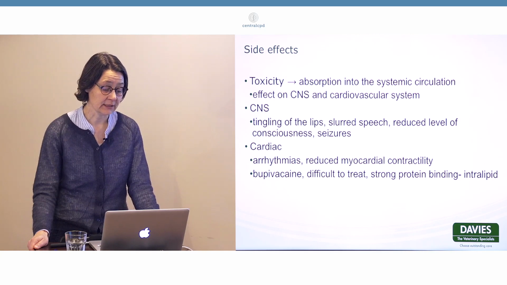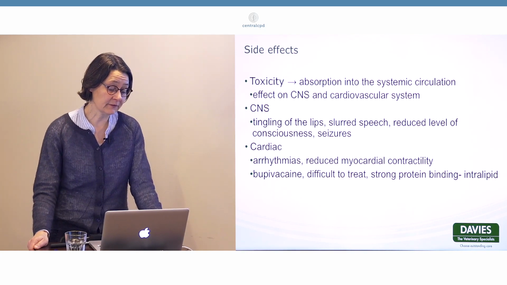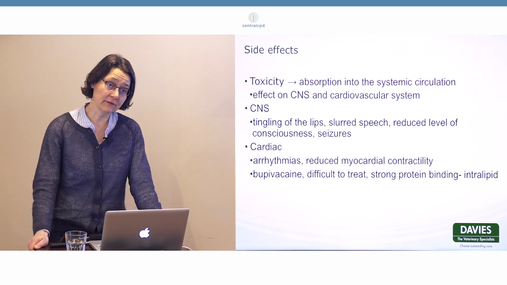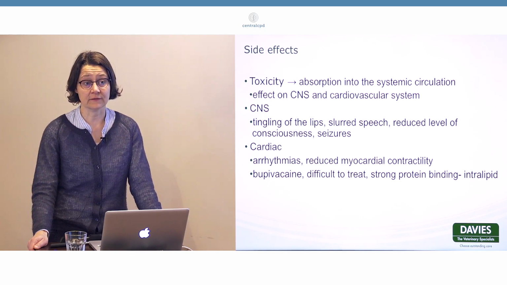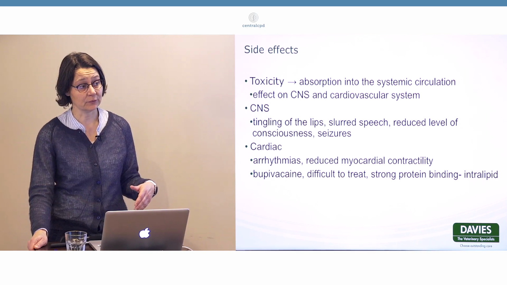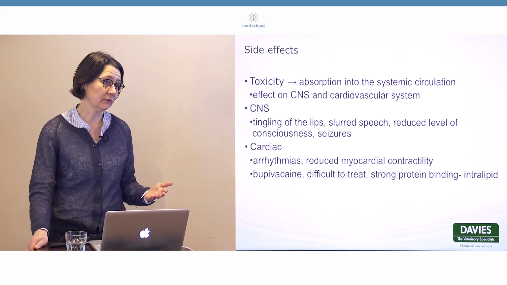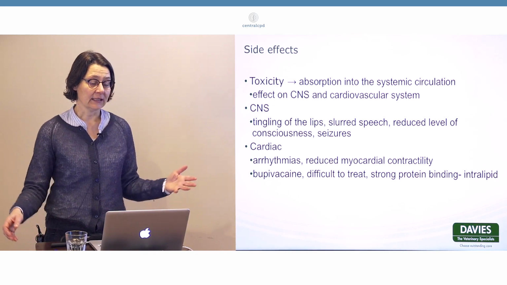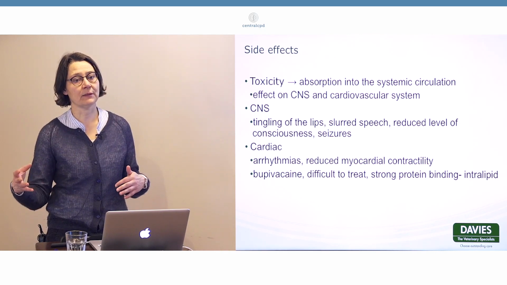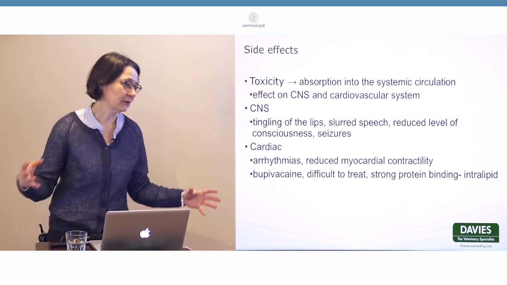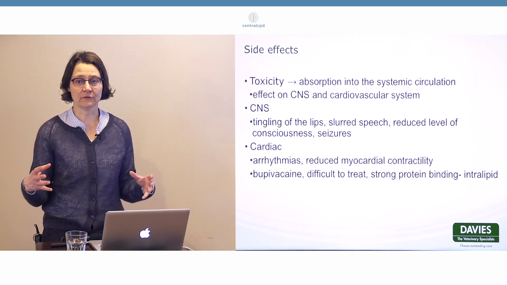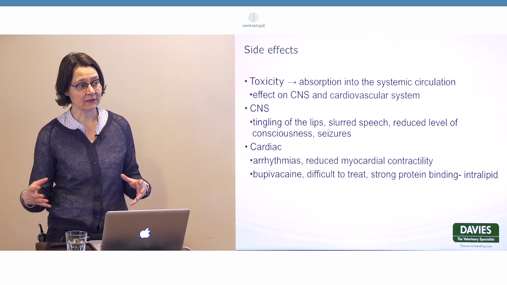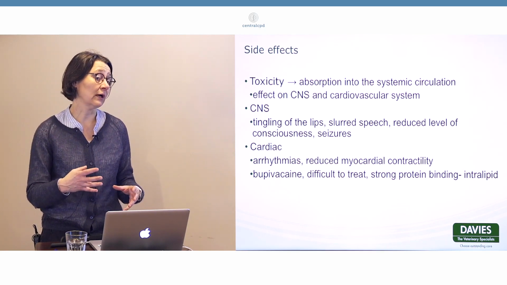Cardiac side effects might be arrhythmias, often ventricular arrhythmias, but could be other arrhythmias as well, and reduced myocardial contractility, which then will reduce your cardiac output and perfusion to the organs. Again, if you have a slight drop in blood pressure, I wouldn't desperately worry that it might be toxicity. It could be all the other drugs you're using during a general anesthetic, but it's something to look out for.